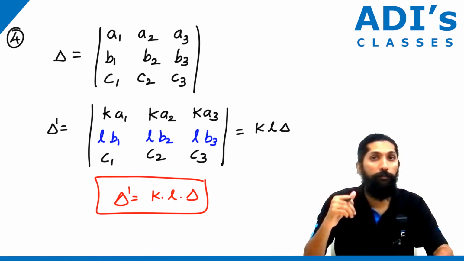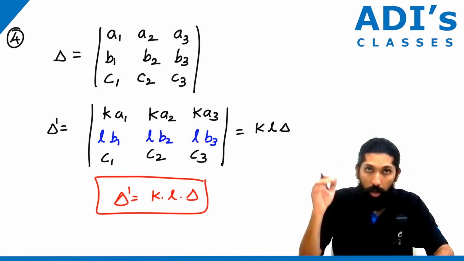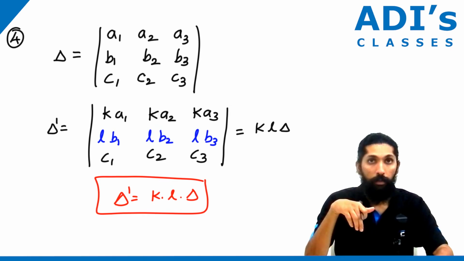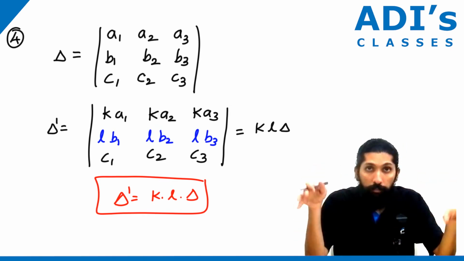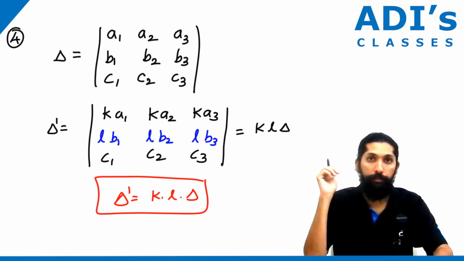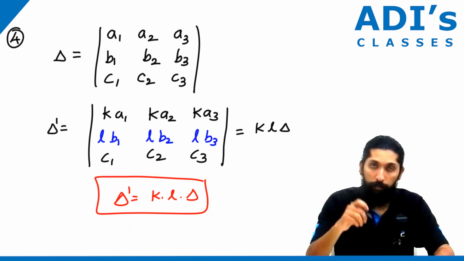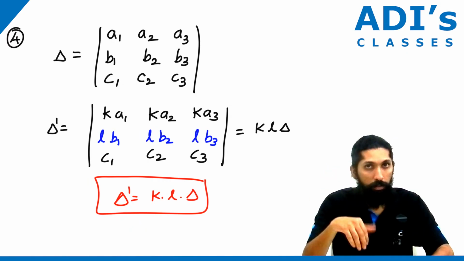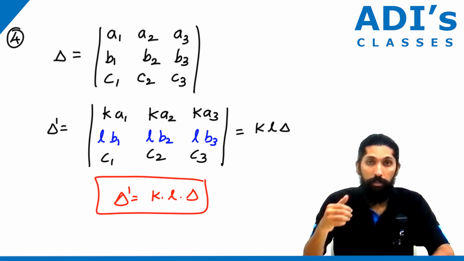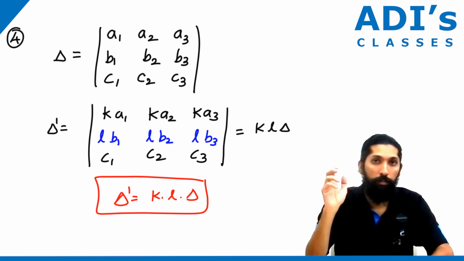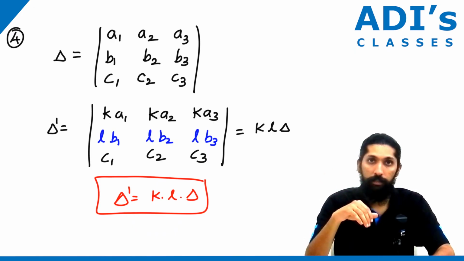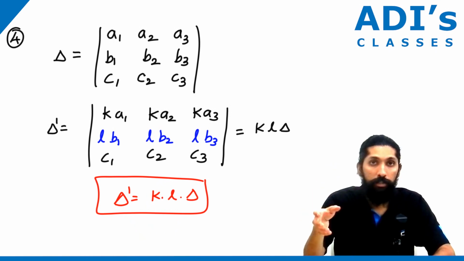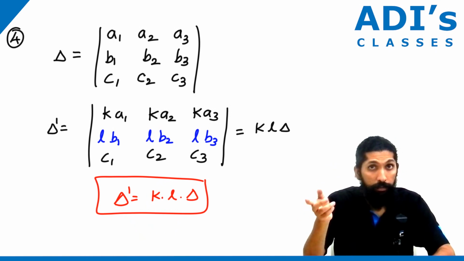So when you have a common factor for one of the rows or one of the columns, you can take the common factor outside. The whole determinant gets multiplied by that value. This is the fourth property. It is quite an important property because it helps a lot in solving problems. You will figure out how it helps. These are the first 4 properties, and in the next video, you are going to see a few more properties of determinants.